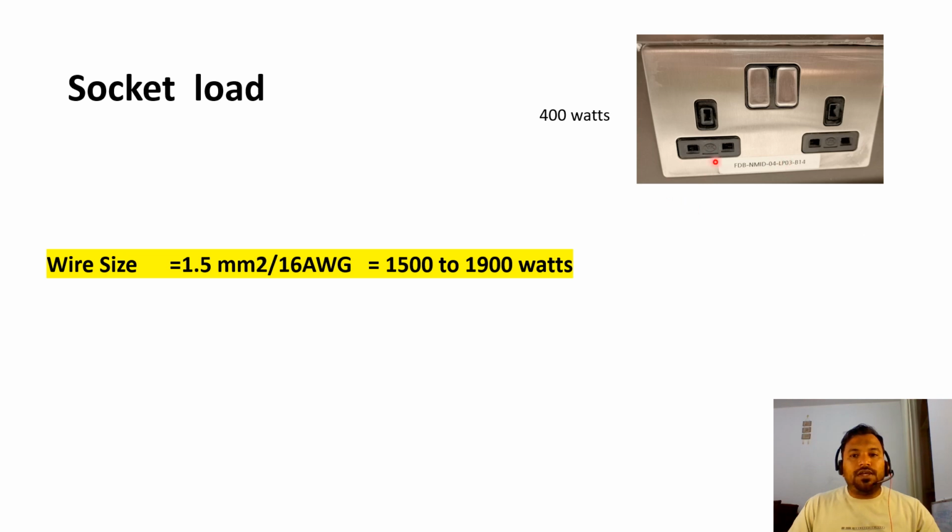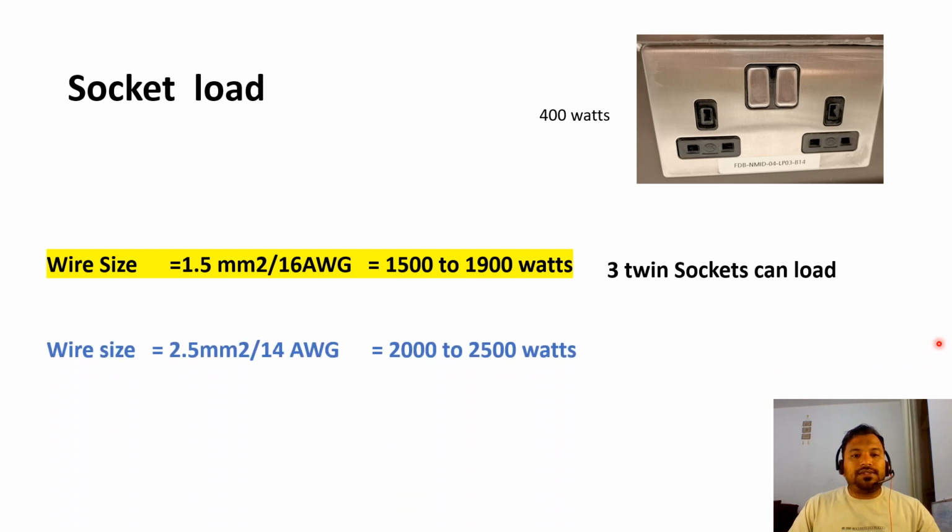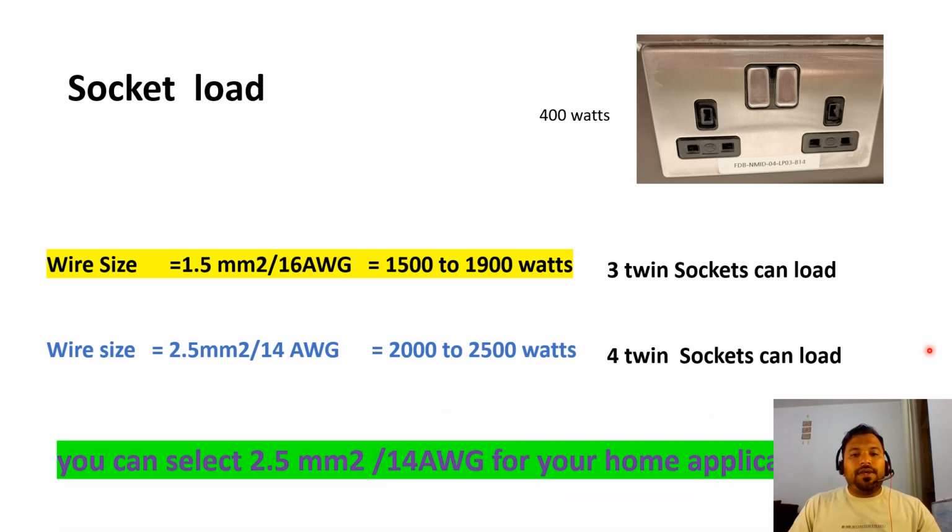Generally this socket, as you see here, is called a twin socket, and you can load up to 400 watts for it. So with 1.5 mm square you can install 3 twin sockets. With 2.5 mm square or 14 AWG, you can load 2000 to 2500 watts, and 4 twin sockets can be installed in the circuit. Basically my recommendation is to go with 2.5 mm square or 14 AWG wire sizes for socket selection in your home applications.